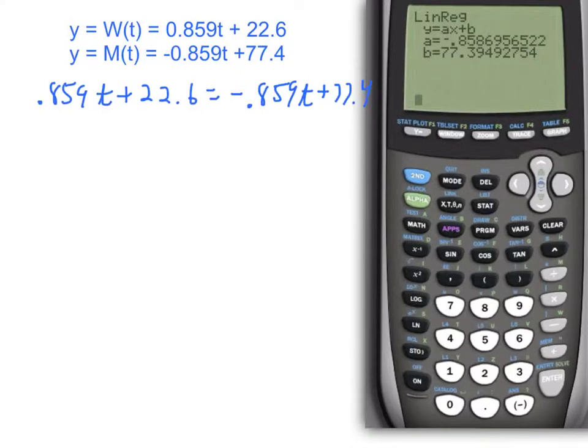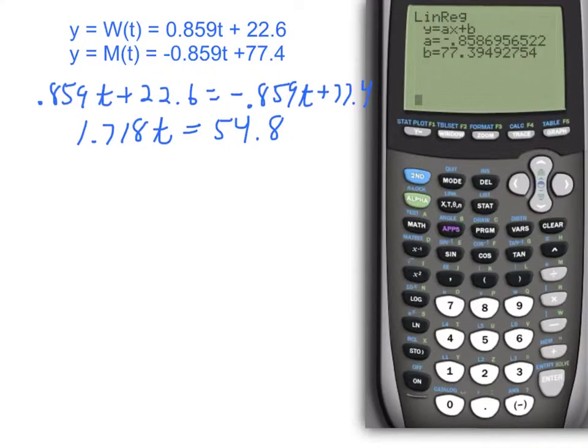So when we add 0.859t to both sides of the equation, and then we subtract 22.6 from both sides of the equation, we'll end up with 1.718t equals 54.8. Now I skipped a couple steps there, but hopefully you can follow along with that.